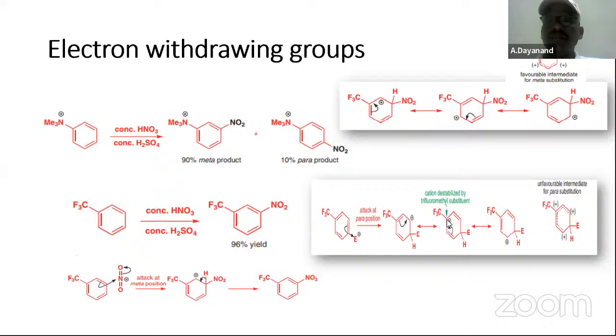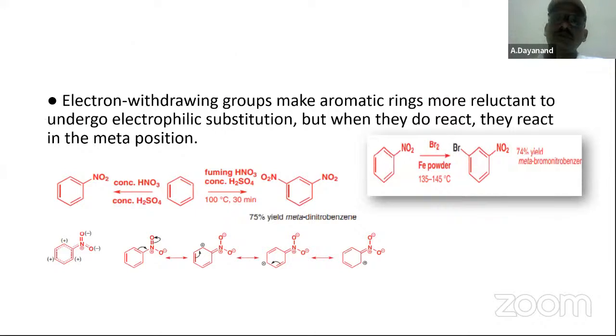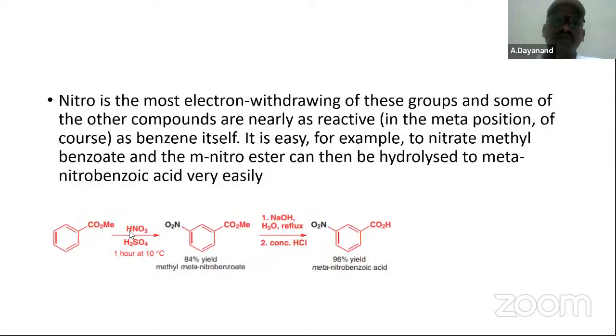Positive charge is developed at the ipso carbon, but it is destabilized because the intensity of the positive charge is increased here. Electron withdrawing groups make aromatic rings more reluctant to undergo electrophilic substitution, but when they do react, they react at the meta position only.